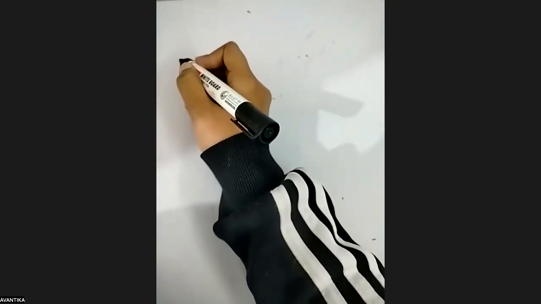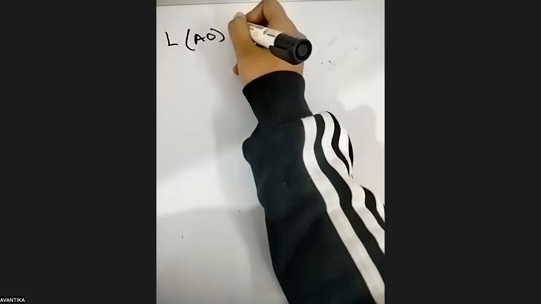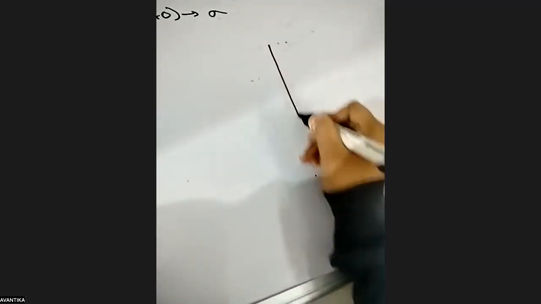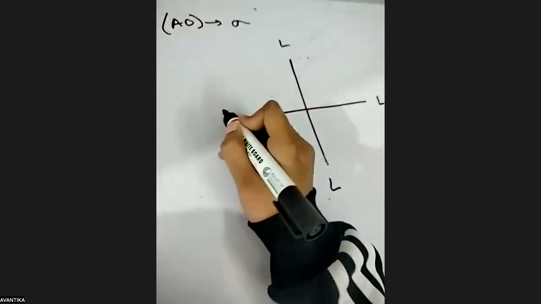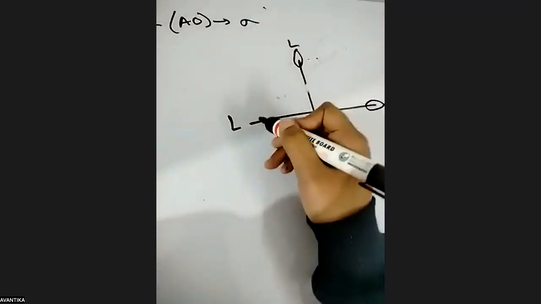If we take the ligand's one atomic orbital with sigma donor ligands, then we can draw it. Here 6 ligands are present. These 4 ligands are in the X and Y directions, and this is in the Z direction.